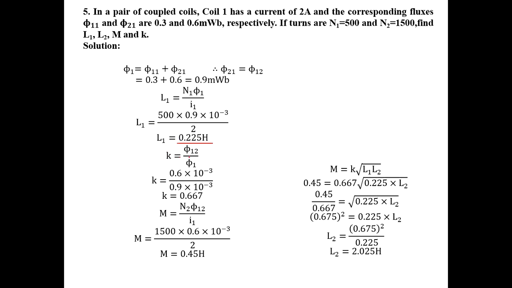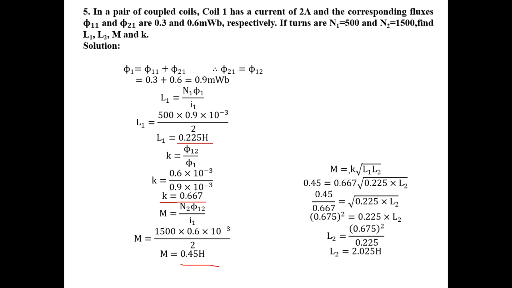In terms of flux we can write K is equal to phi 12 divided by phi 1. Phi 12 value is given 0.6 milliweber, so 0.6 into 10 to the power minus 3 divided by phi 1 value 0.9 into 10 to the power minus 3. We got the answer K is equal to 0.667. Next, mutual inductance. M is equal to N2 into phi 12 divided by I1. Just substitute the values. We got the answer 0.45 Henry.